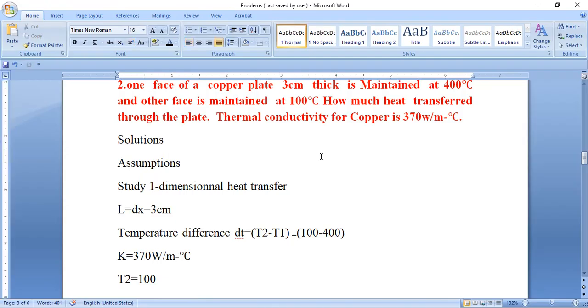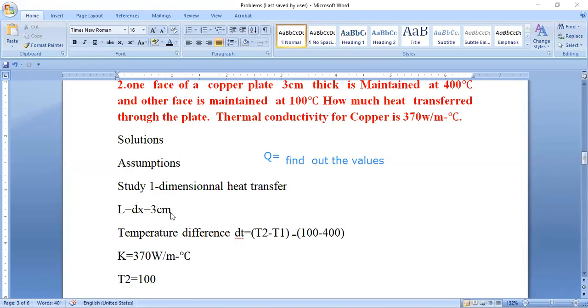Q equals question mark. You find out the values.